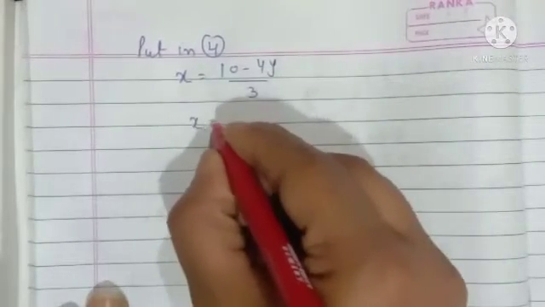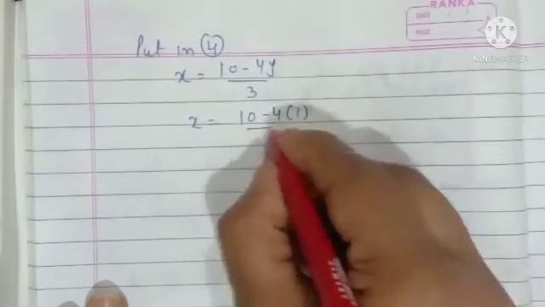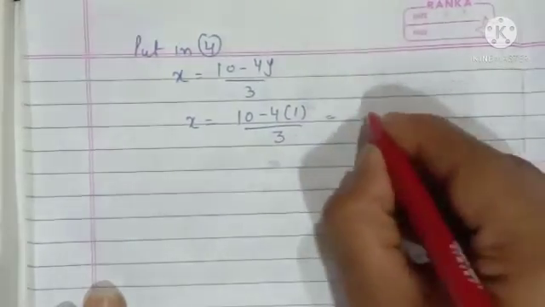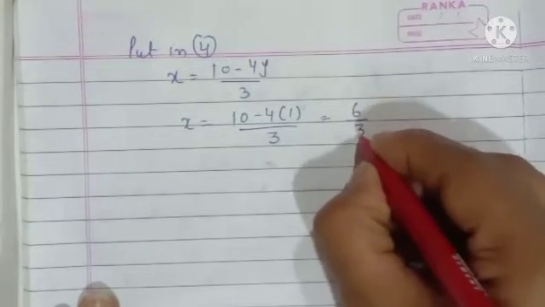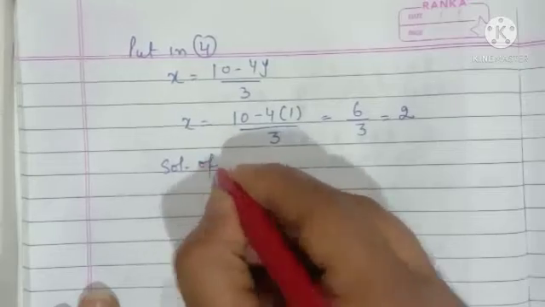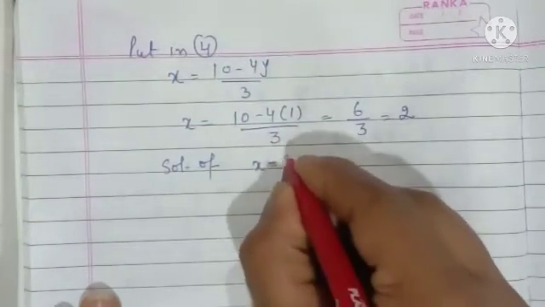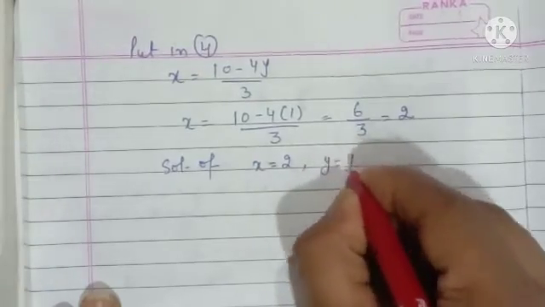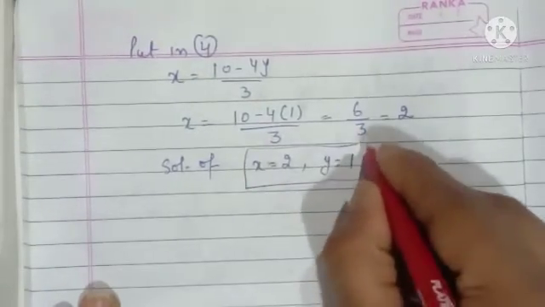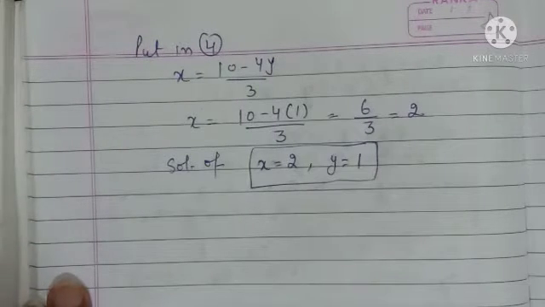I get x is equal to (10 minus 4, on place of y I put 1) over 3. 10 minus 4, that is 6 over 3, is equal to 2. So the solution of the given set of equations is x is equal to 2 and y is equal to 1. This solution I have found by applying the first method, that is called substitution.